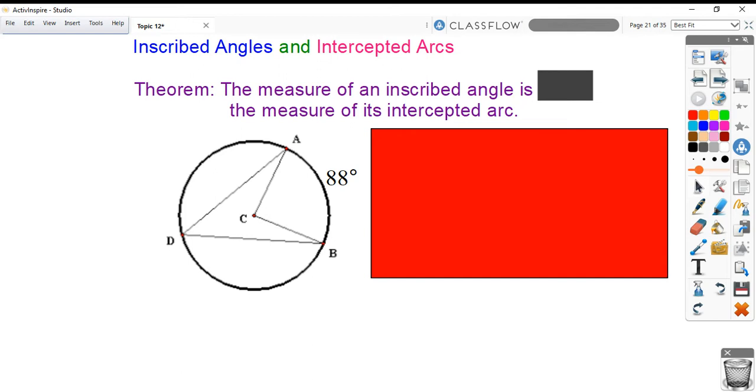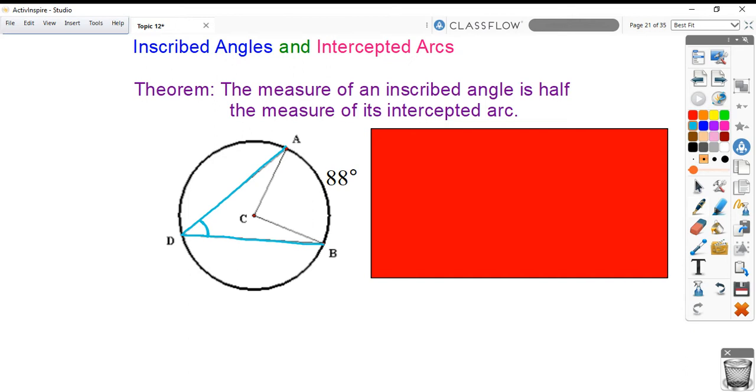Okay, so our first theorem tells us that the measure of an inscribed angle is half the measure of its intercepted arc. In this situation, your inscribed angle is this angle down here that goes from A to D to B. That is the angle that we're talking about.